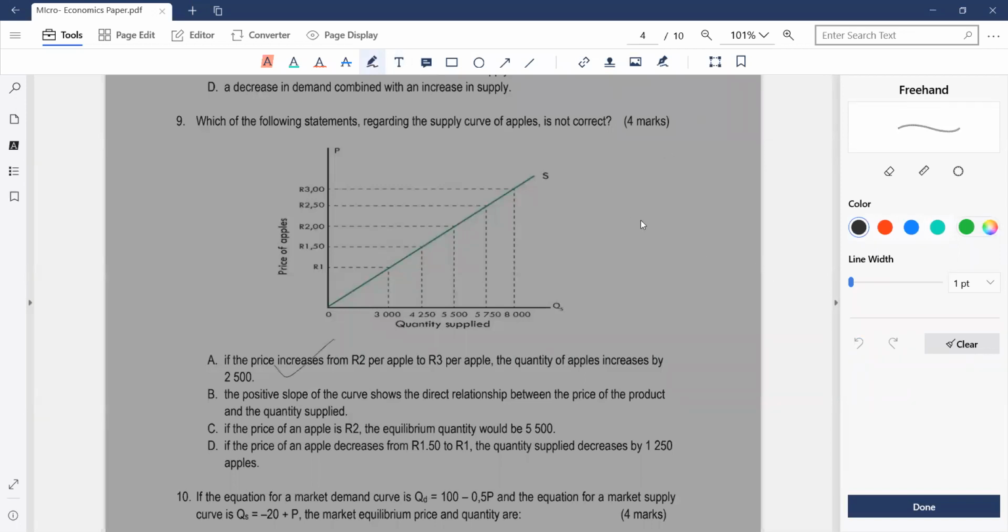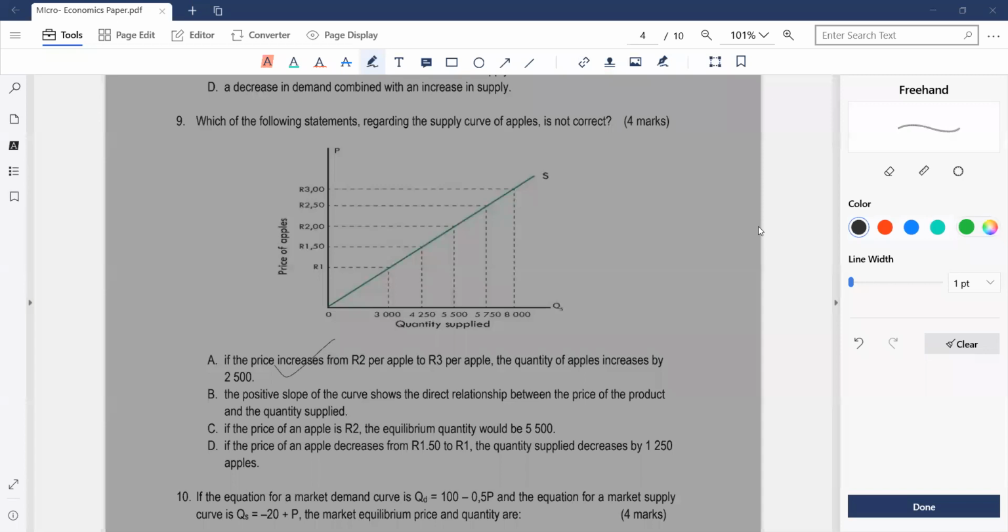Then B says the positive slope of the curve shows the direct relationship between the price of the product and the quantity supplied. Yes. Remember, the supply curve is positively sloping, the demand curve is negatively sloping.